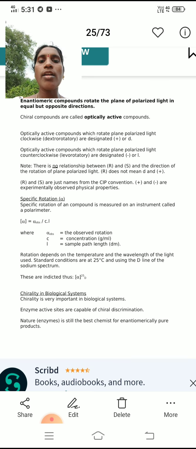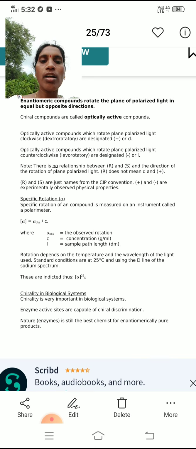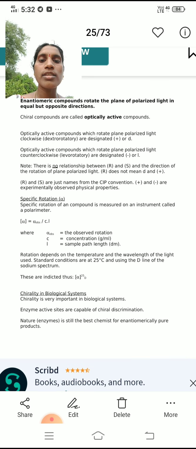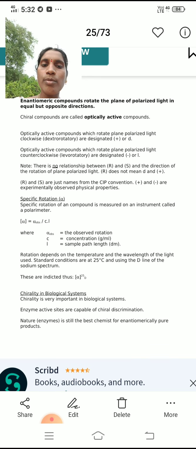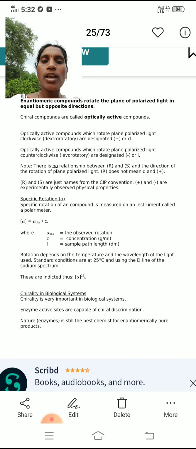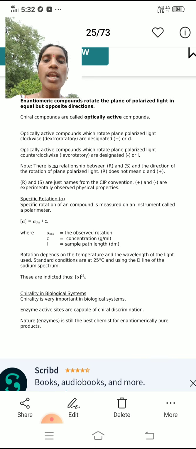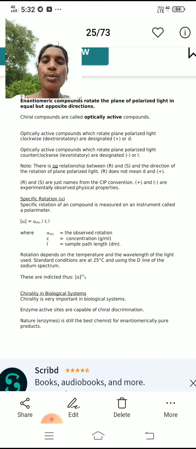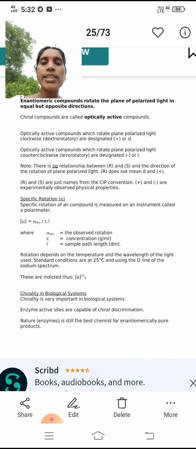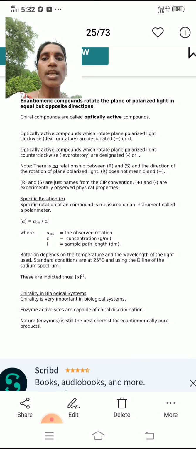Whereas R and S are just names from the CIP rules. So R does not mean d or plus, and in the same way, S does not mean small l or minus. Plus and minus are experimentally observed from physical properties, but R and S are just names from the CIP convention.